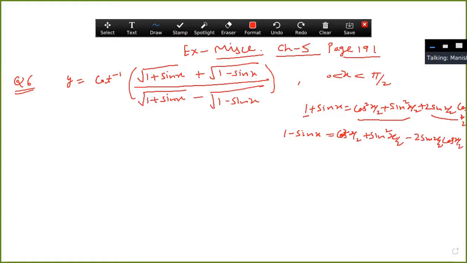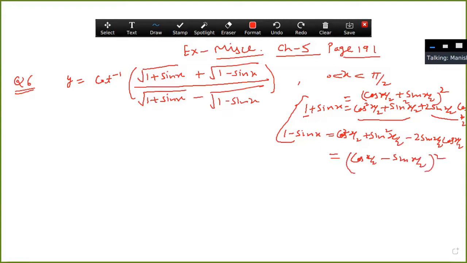Now these are the values of the given statements, 1 plus sin x and 1 minus sin x. If I put those values, the first statement is cos x by 2 plus sin x by 2 whole square. You can see here a square plus b square plus 2ab, and this is also a square plus b square minus 2ab. It means this will be cos x by 2 minus sin x by 2 whole square, a minus b whole square.